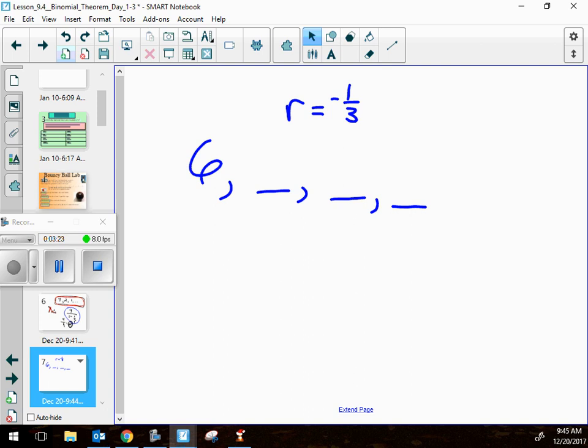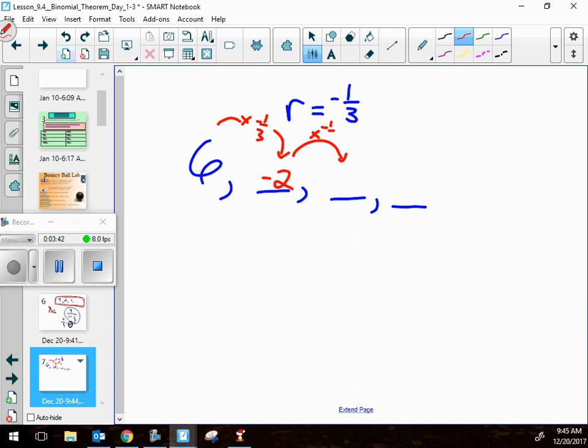Hint, your first one is multiplied by -1/3, and you get -2. And then the next one's going to be positive because you're multiplying by -1/3.